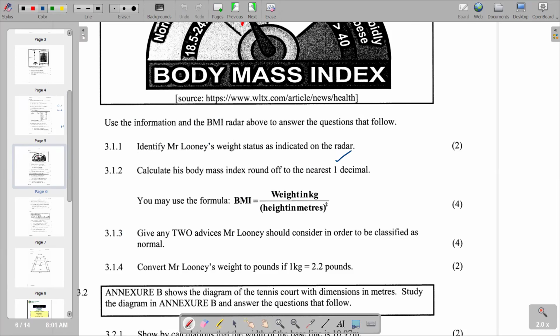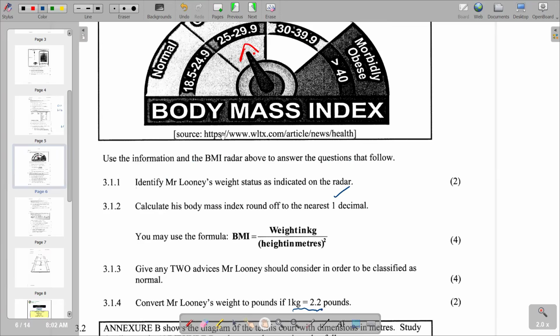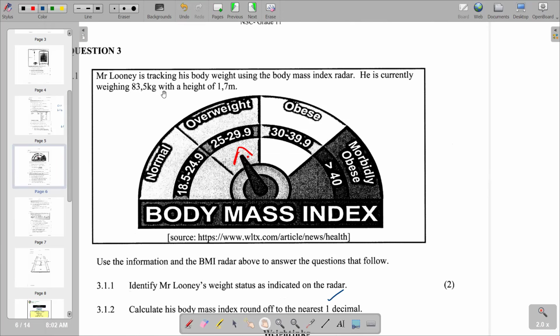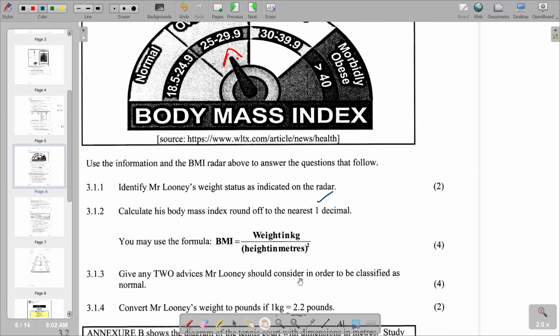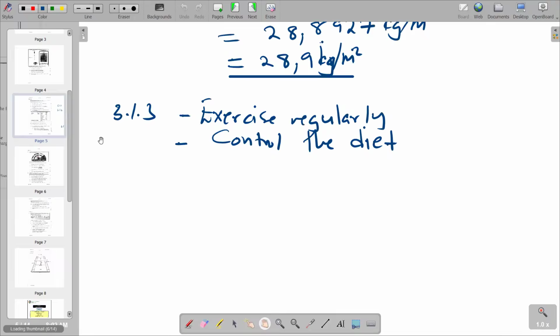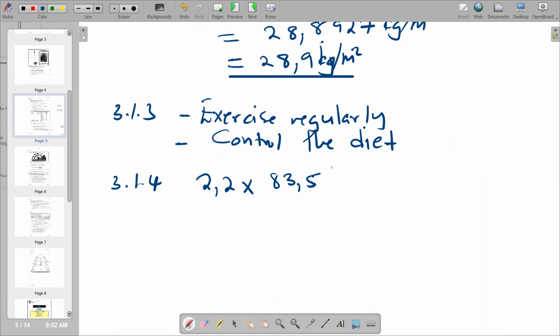3.1.4, convert Mr. Looney's weight to pounds if 1 kg is 2.2 pounds. Mr. Looney is 83.5 kgs. So to pounds, we're going to multiply by 2.2. So as such, 3.1.4, whereby we are saying 2.2 multiplied by 83.5.